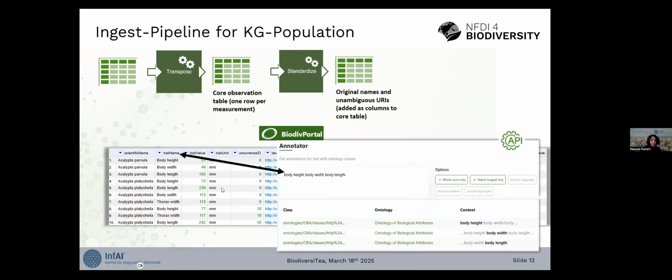And we could also use the BioDiv portal annotator for the trait names, for instance, to have URIs from ontologies. For instance, here for the body height, body weight, body length traits, we could use the URIs from the OBA.